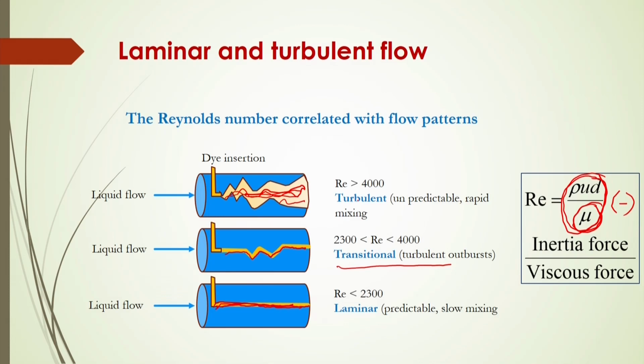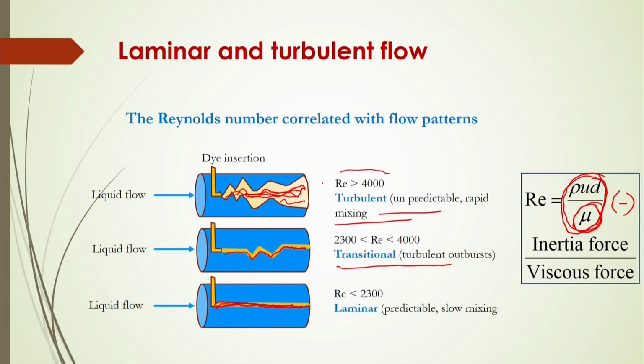If the Reynolds number is greater than 4000, then you can say it will be turbulent flow. Of course, it is applicable only for pipe flow. For other channel flow, this Reynolds number may change, and that will be discussed later on. So, for pipe flow, if the Reynolds number is greater than 4000, it will be turbulent flow.